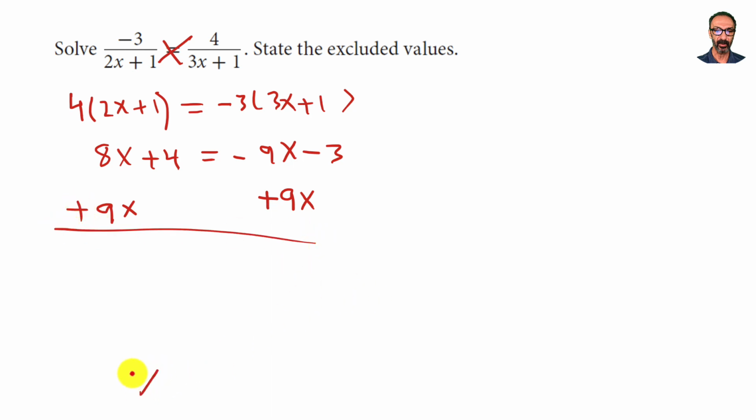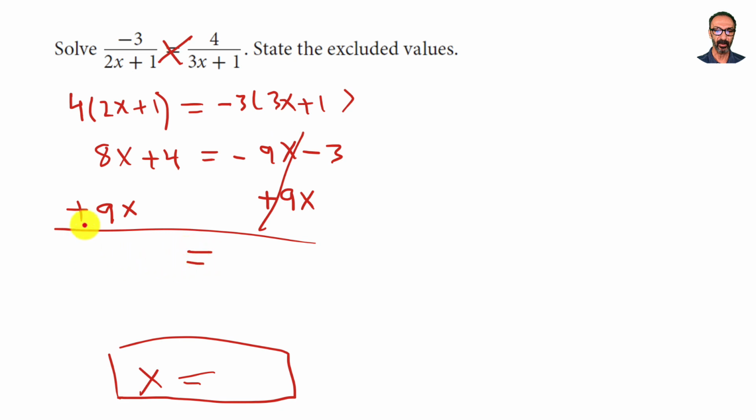As I always say, when you solve, you are going towards something like that. So that's going to cancel, of course. And I have 17x on the left. 9x plus 8x. Bring the 4 down. And I have the negative 3 that goes down.